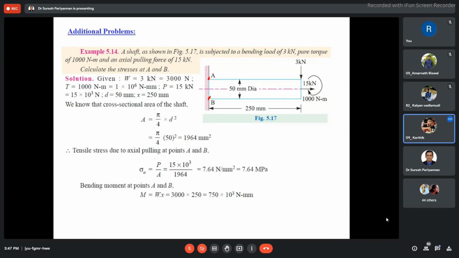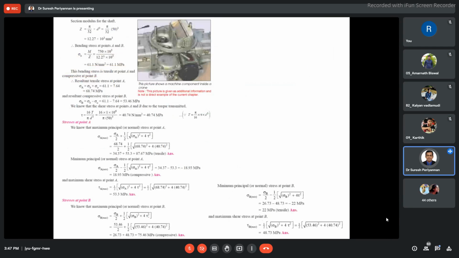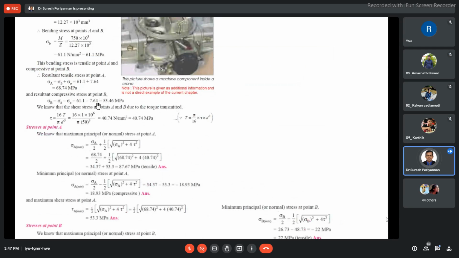Now based on that, we can easily find out how much stress is acting at the point A. The resultant stress at the point A, I am going to add: direct tensile stress 7.64 megapascal plus our bending stress 61.1 megapascal. This is the total stress acting at the point A in the beam near the fixed position.